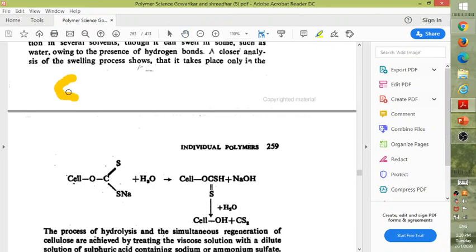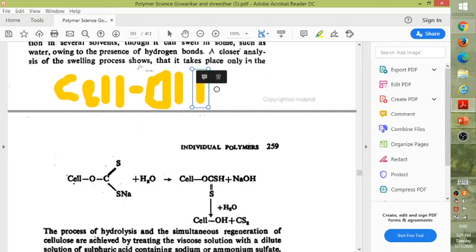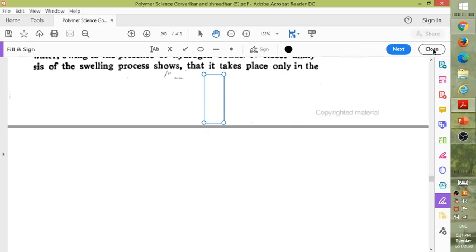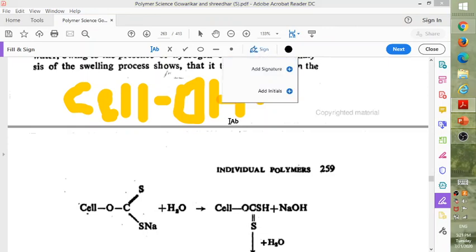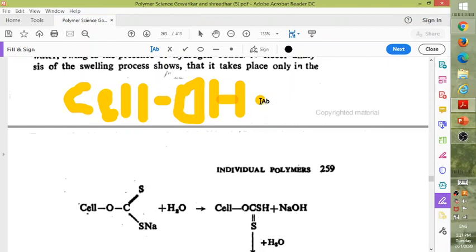Yeah, so it is cell OH, this is how we represent cellulose, plus NaOH. Just give me a second, guys.